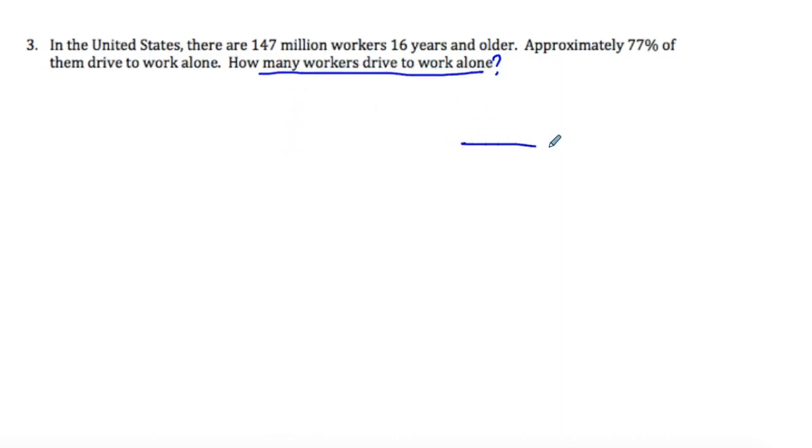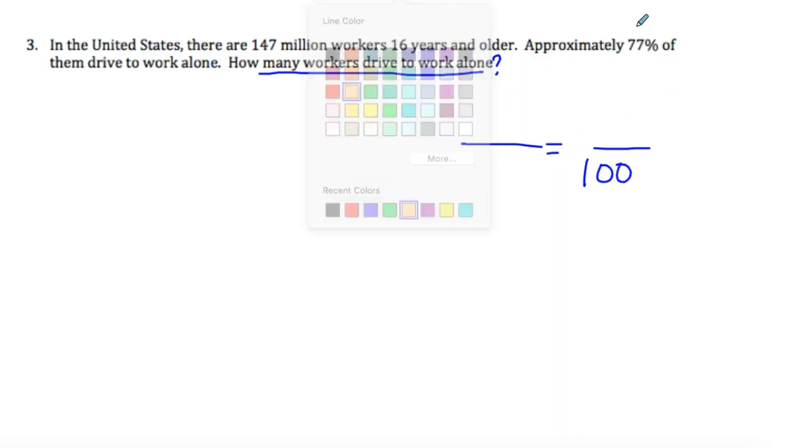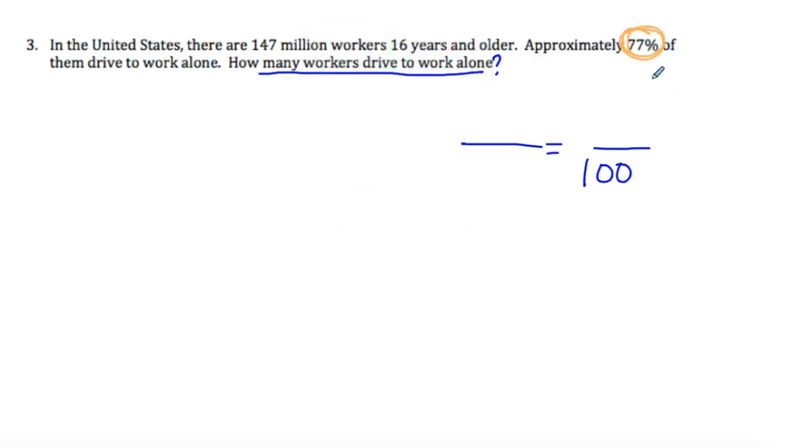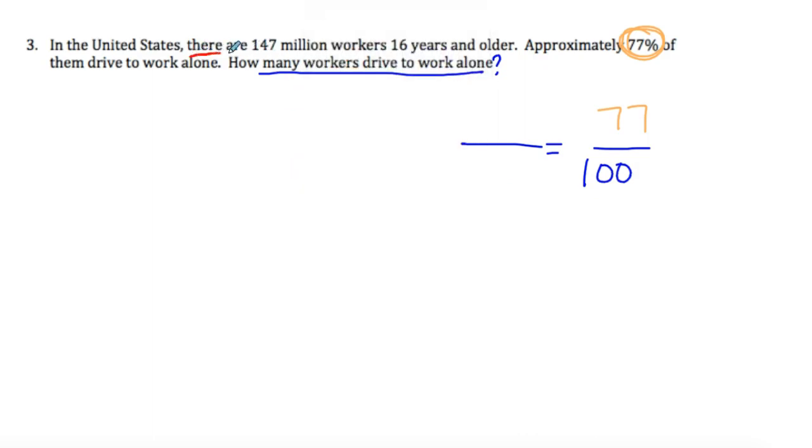Okay, so let's set it up. We start with our 100 there, because I know that the percent always has to go above there. Once I find that percentage, I can put that number in. So now I have to decide, am I trying to solve for part of the population or the number total? So if we interpret this part here, there are 147 million workers. That's giving me a total amount.